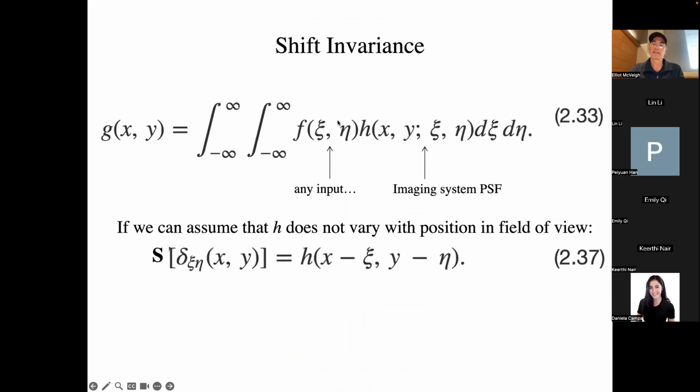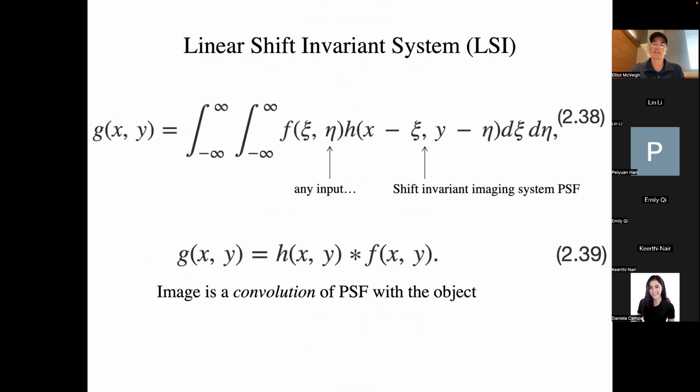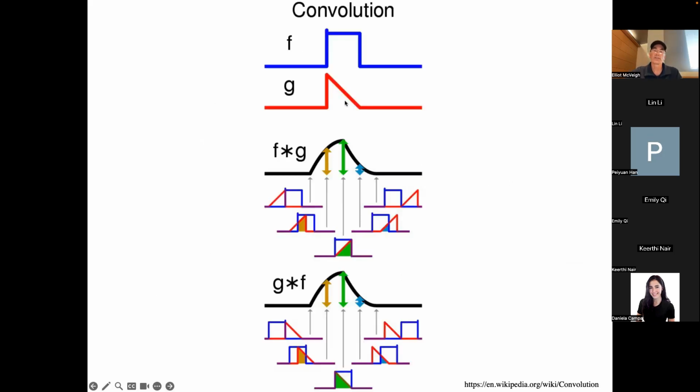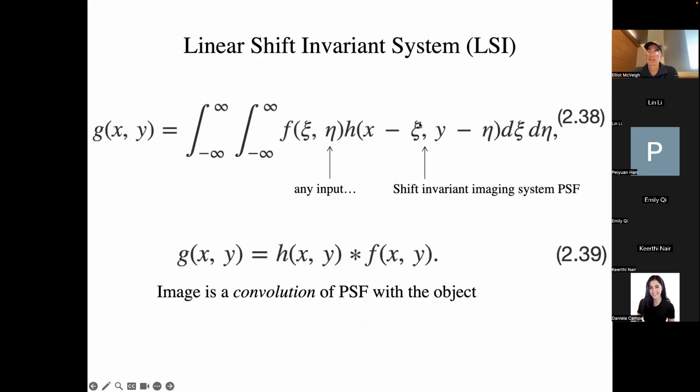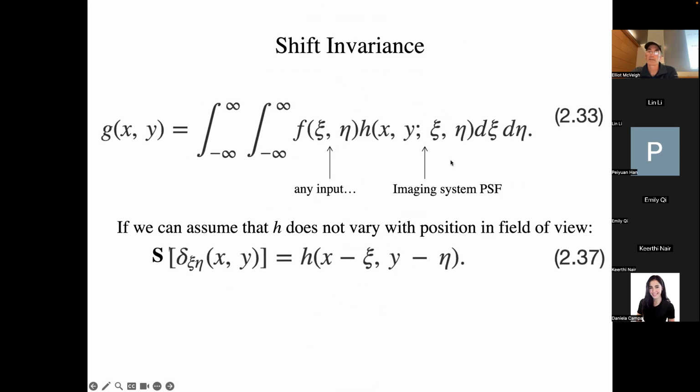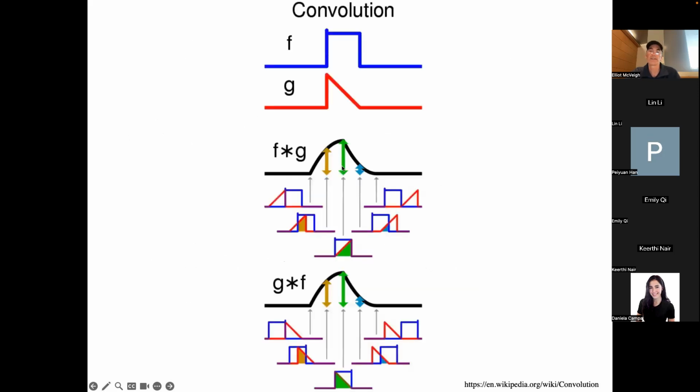This integral here, we can do it graphically. So the first thing we do is we flip g, because there are negative signs right here in the integral. So we have to flip g around to here.